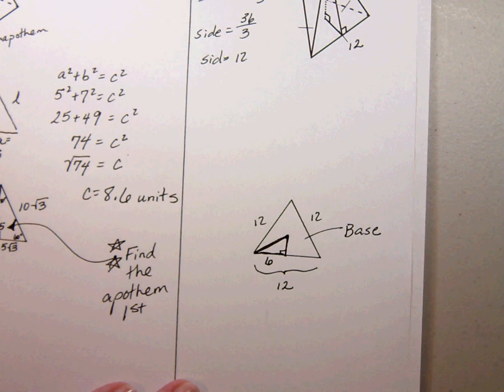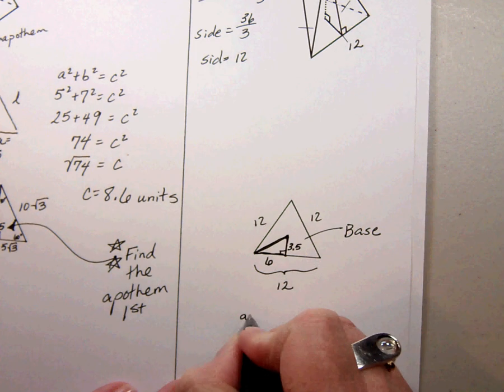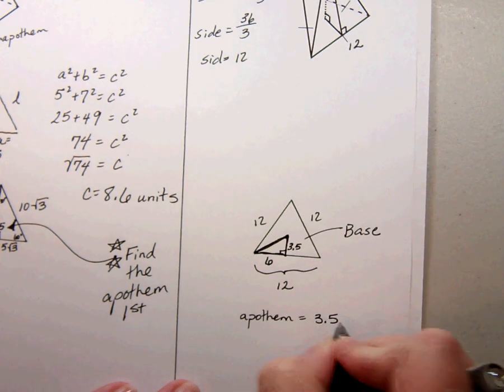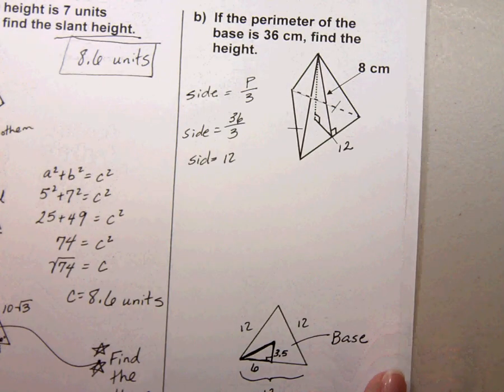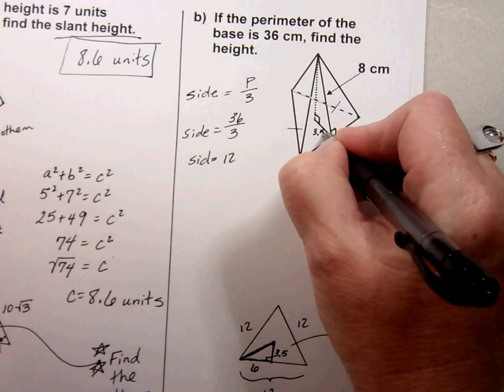So if you take 6 and you divide by the square root of 3, that's approximately 3.5. So this little apothem is about 3.5. So if 3.5 is your apothem, let's go back to the pyramid and label that up here. This apothem is 3.5.